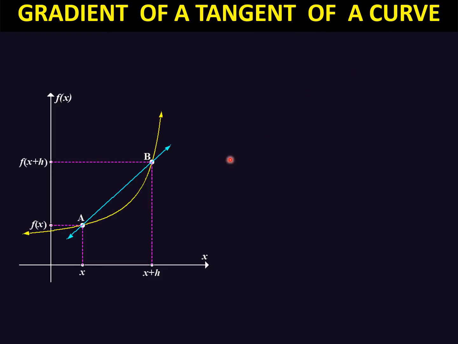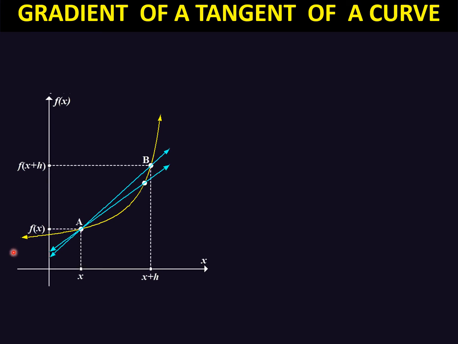Now we want to proceed, because we want to find the gradient of a curve at a specific point. We're going to look at the gradient of a tangent of a curve. Let's see how we can get a tangent. What did we say this was again? That is a secant. You see there I have it from A to B, but instead of having the point B there, I could have another point down here, so I can have a secant like that.